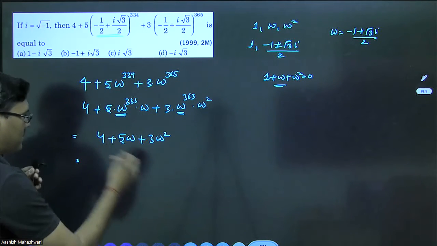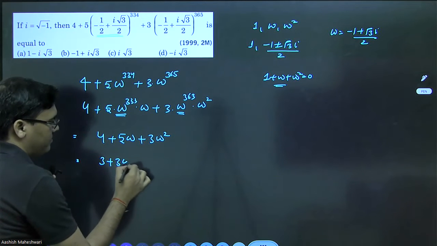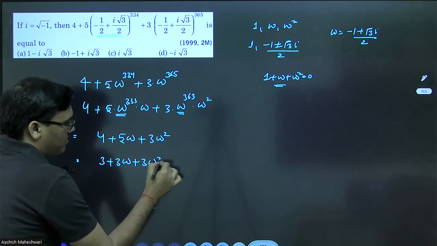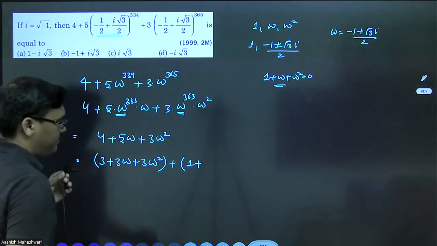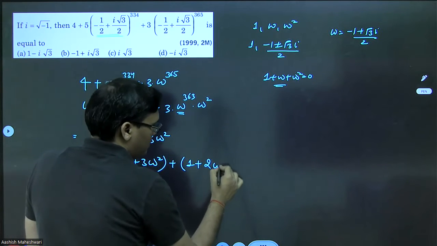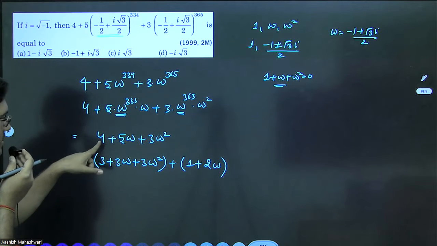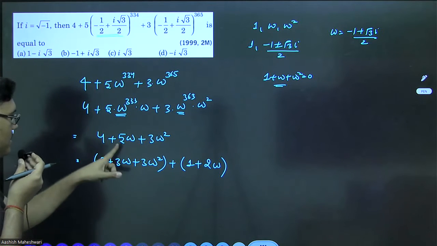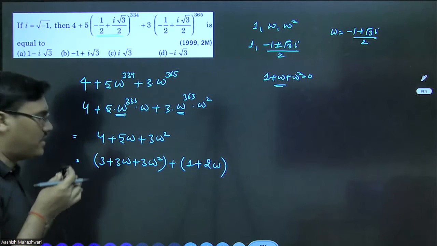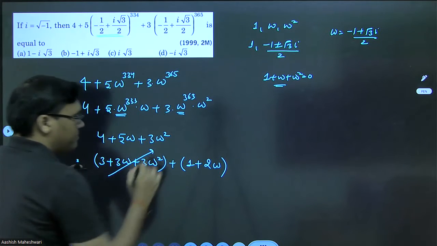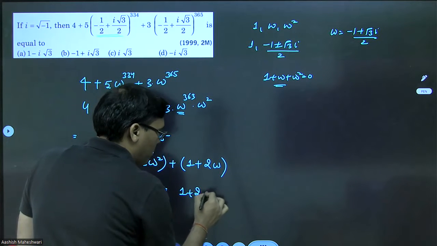If I substitute this, I can write 3 plus 3 omega plus 3 omega square plus 1 plus 2 omega. What I have done is take the 4 as 3 plus 1, and 5 omega as 3 omega plus 2 omega. Now this value is equal to 0. So what is this value? This is equal to 1 plus 2 omega.